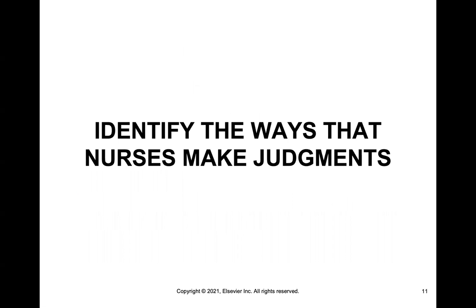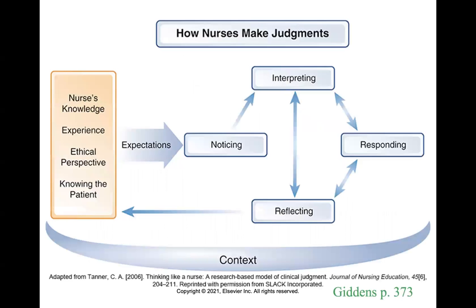So let's talk a little bit about the ways that nurses make judgments. In our 110 class, we are going to be spending so much time working through this specific model or theory of nursing. It's the Tanner thinking like a nurse, clinical decision making, clinical judgment model. We're going to take into account a bunch of different things that we know.